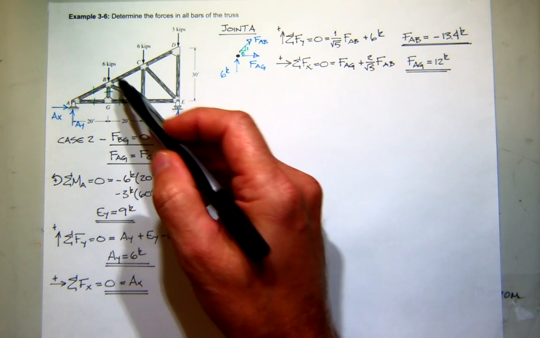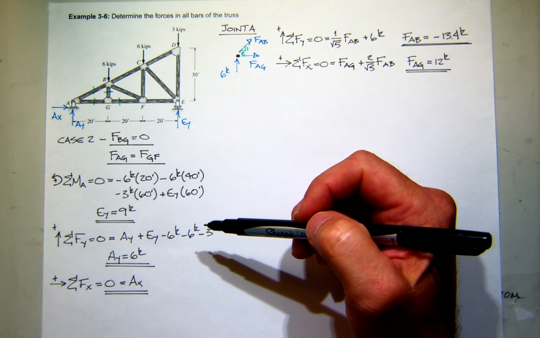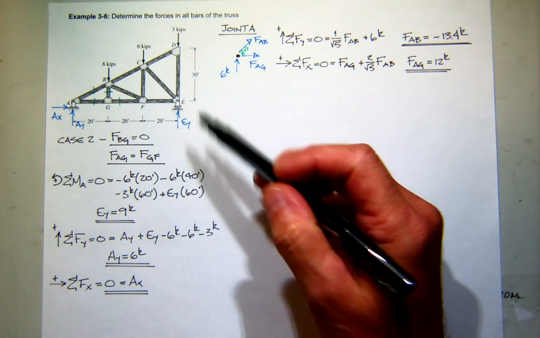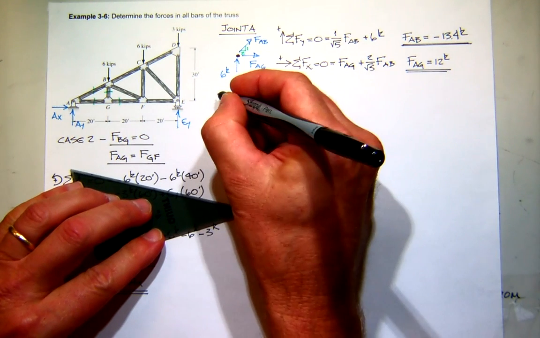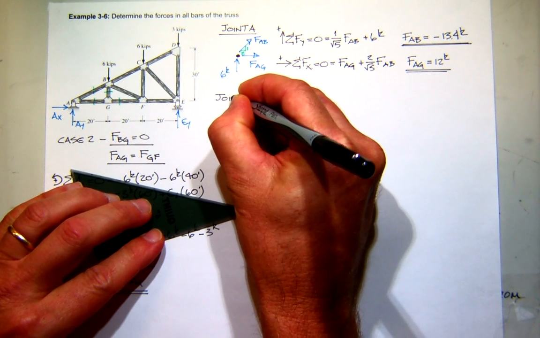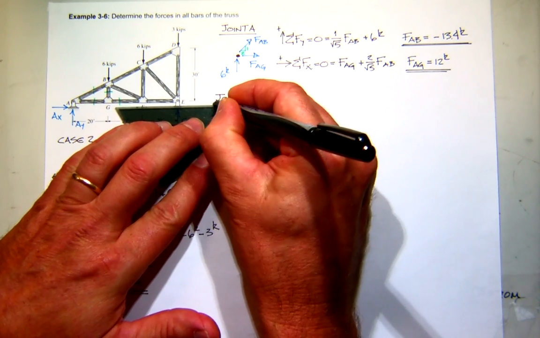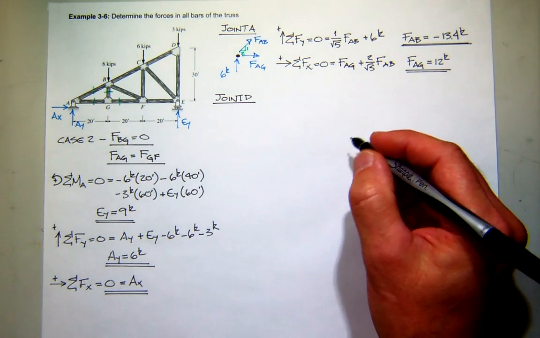Hey, we're doing pretty good. Look at all this is gone. Pretty good. So what else should I do? Let's stick with method of joints one more time and go up here to D. Now you don't have to do this, but right now you have a little more experience with method of joints, so let's push it as far as we can before it breaks.